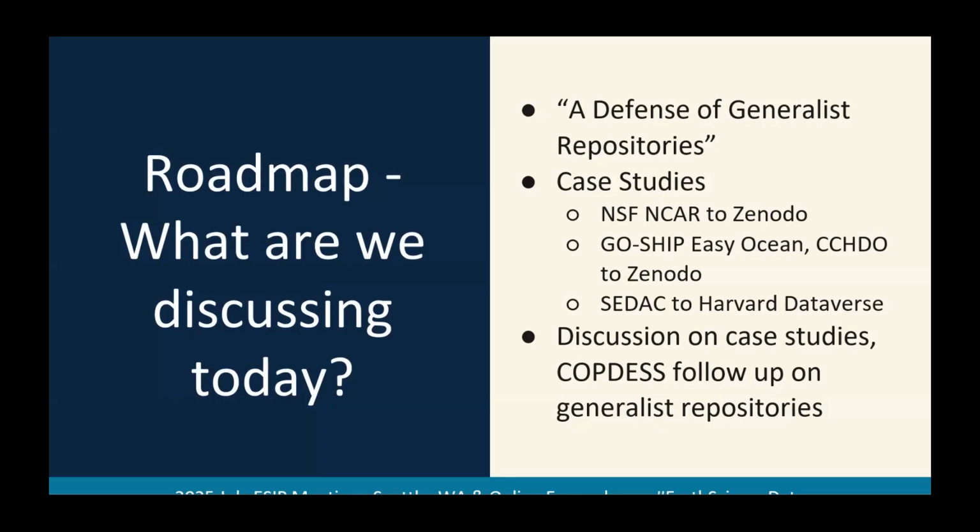So I can't tell you how much time we have for this discussion, but there should probably be at least half an hour to poke holes in why we did these things and why we should leave them on specialist repositories. And my response to that is, if you have money, please give it to us so we can keep our specialist repositories running.